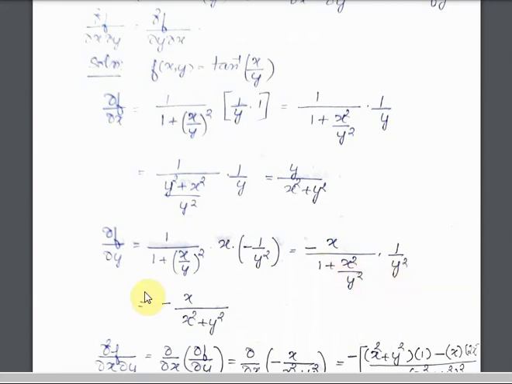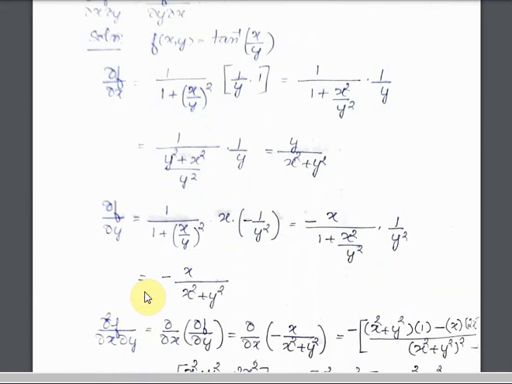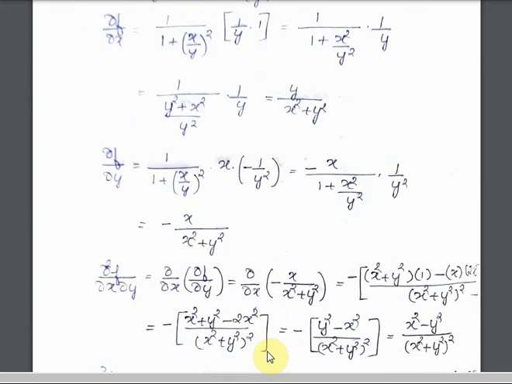cancelled. And the mixed derivative, ∂²f/∂x∂y, as we discussed, what is the order? First with respect to y and then with respect to x. So I have to take ∂f/∂y and differentiate with respect to x. ∂f/∂y is here, minus x by x square plus y square, and differentiate with respect to x. So what happens when we differentiate?